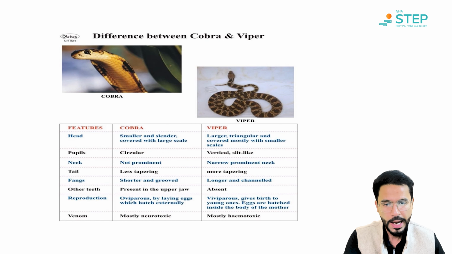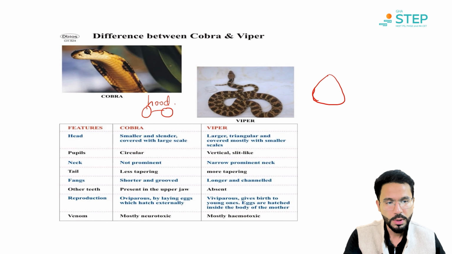A cobra's head should have a spectacle shape on its hood, whereas a viper has a triangular or V-shaped head. The pupils: a cobra has circular pupils, whereas in a viper, the eyes are slit-like. The tail is less tapering in a cobra and more tapering in a viper.